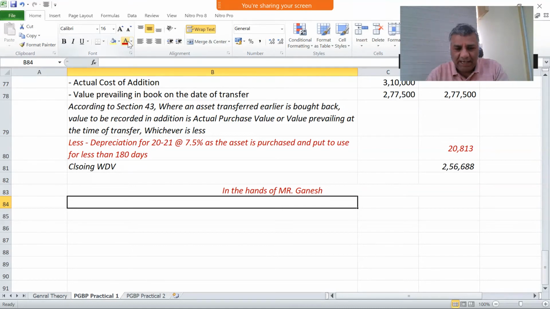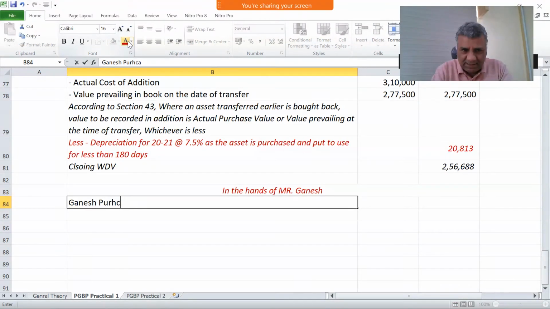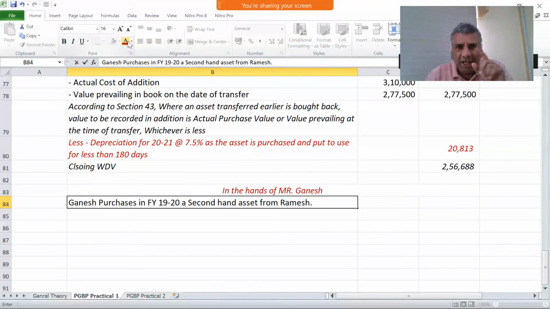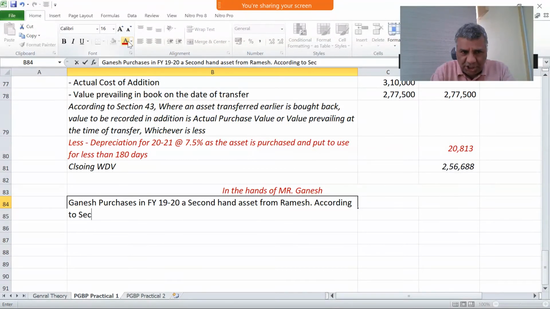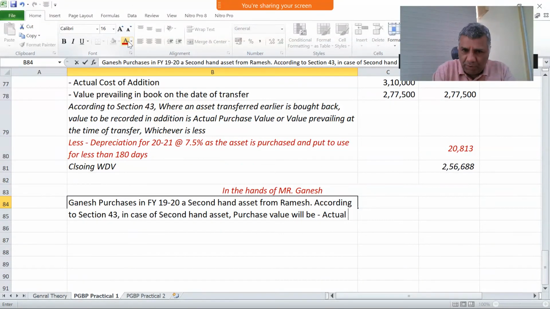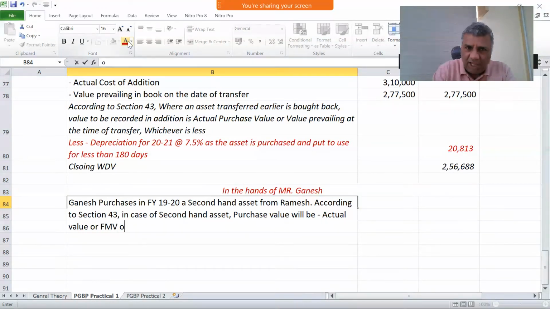In the hands of Ganesh. Ganesh purchases in financial year 19-20 a second-hand asset from Ramesh. As far as Ganesh is concerned, he is not buying a new asset, he is only buying a second-hand asset. According to section 43, in case of a second-hand asset, the purchase value will be the actual value or FMV on the date of purchase, whichever is less.